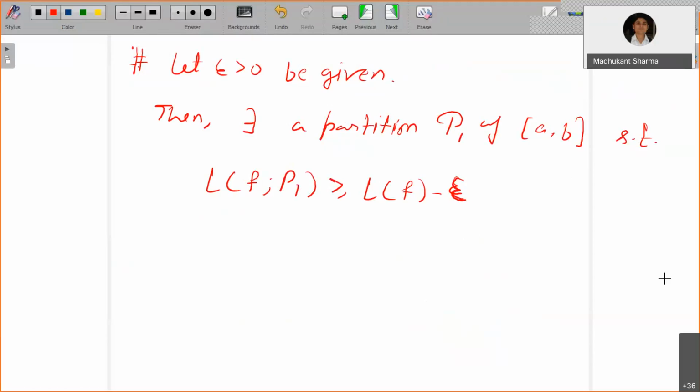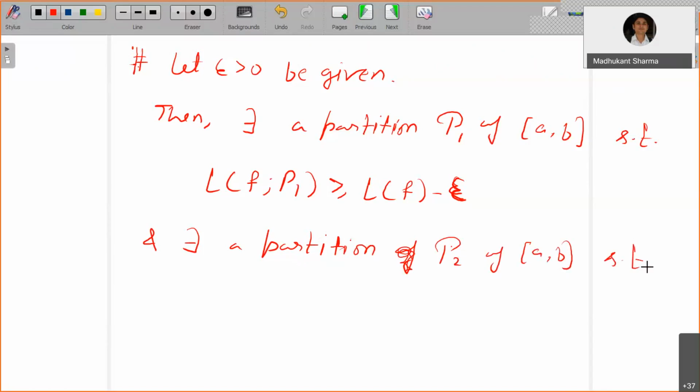So L of f minus epsilon is no more an upper bound of the set. And there exists a partition P2 of the closed interval [a,b], which follows from the supremum definition, such that U(f,P2) is less than or equal to U of f plus epsilon.